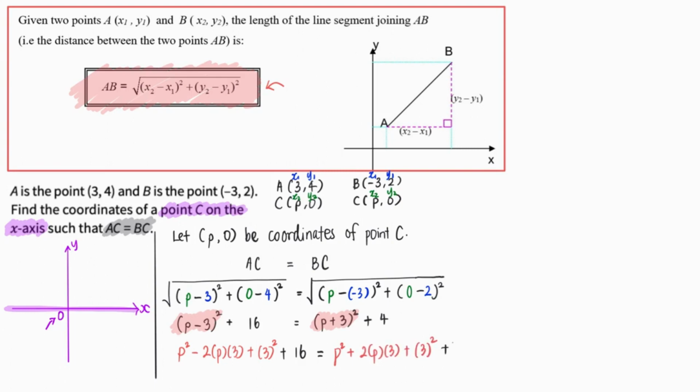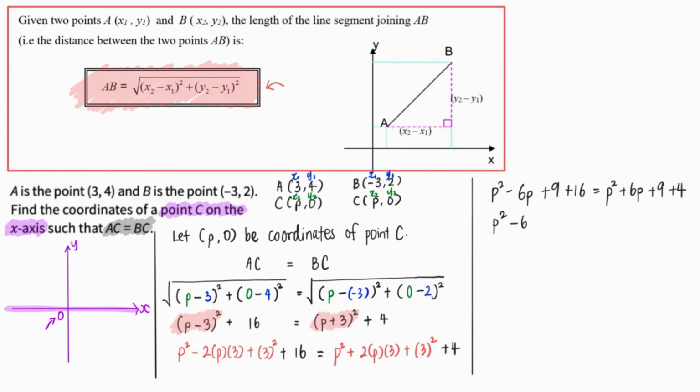I have my plus 4 there. So as I continue to simplify, I would slowly but surely get closer and closer to my final answer. Yeah, so I will have P square minus 6P plus 9 plus 16 equals to P square plus 6P plus 9 plus 4.